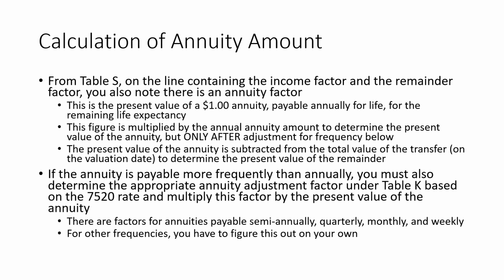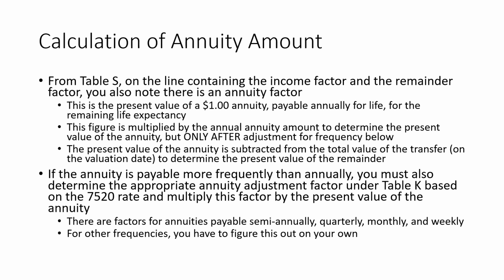Well, what you do is you take that annuity factor, and assuming there's just an annual payment that you're dealing with, you multiply that times that annual annuity amount we determined a couple of slides before, and that will give you the present value of the annuity.